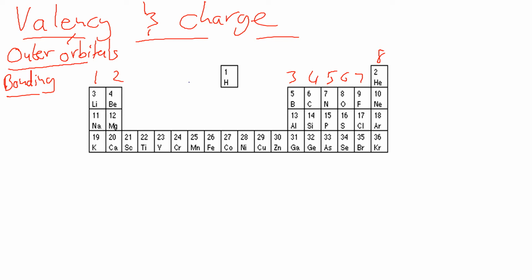To make things clear when it comes to the relationship between valency and charge, because we can see that valency can determine charge, we need to look at something called electron configuration.